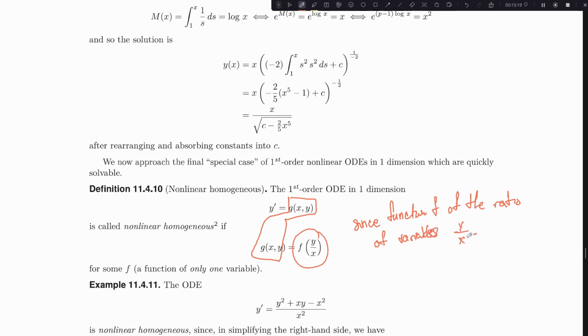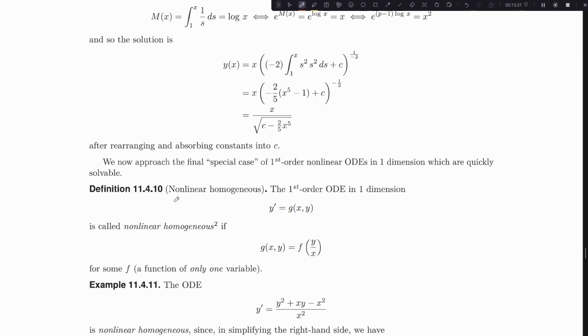Okay, so if I can find a single function, f, which once you plug the ratio of variables y over x into f, then you recover the right-hand side, I'm going to call that nonlinear homogeneous. So I'm looking for one function that has a bunch of ratios in it.